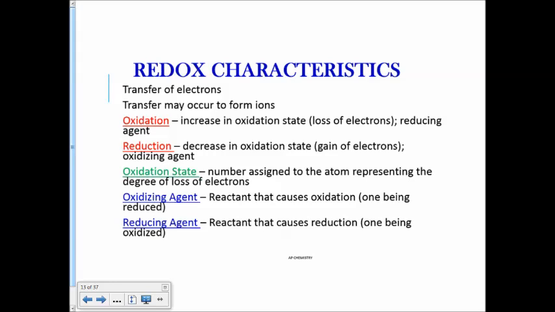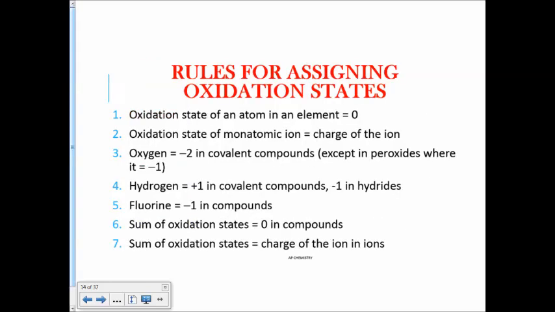But as I showed you with the sodium and the chlorine, because they're in their elemental forms, they are assigned 0. Oxidation numbers of monatomic ions usually follow the charge of the ion from the periodic table. Like the alkali metals, potassium, lithium, sodium, they're always +1, unless they're in their elemental form. If they're in a compound, they're going to be +1.